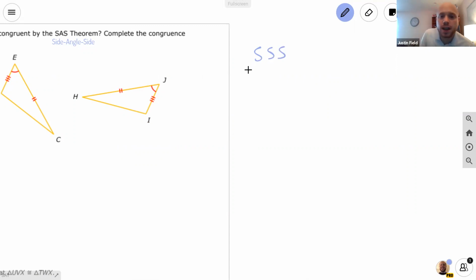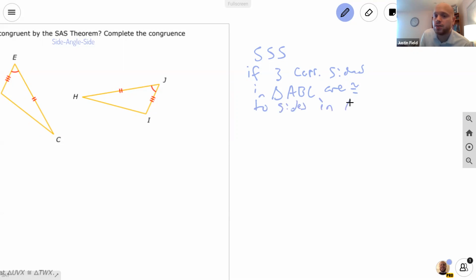That would be that if 3 corresponding sides in triangle, let's just say triangle ABC, are congruent to sides in another triangle, let's call it DEF, then triangle ABC is congruent to triangle DEF.